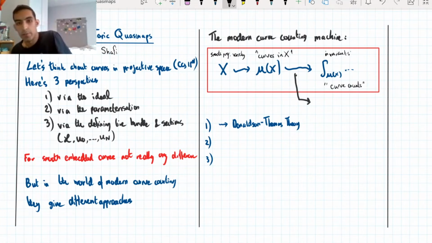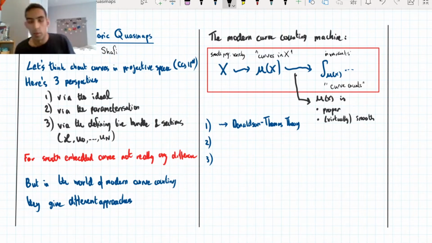I can't pass through the second arrow unless M of X is proper or compact and smooth in some sense. But okay, so there's some restriction.